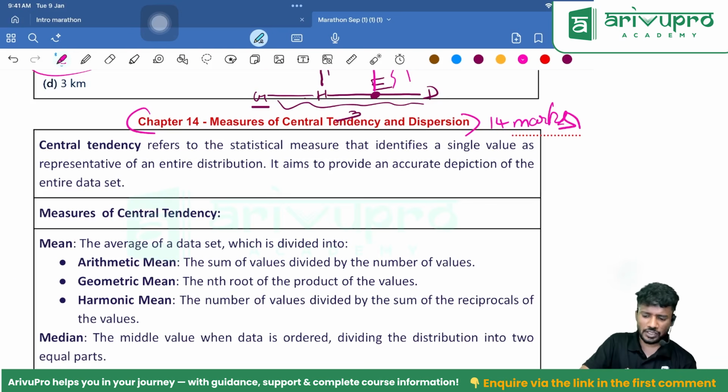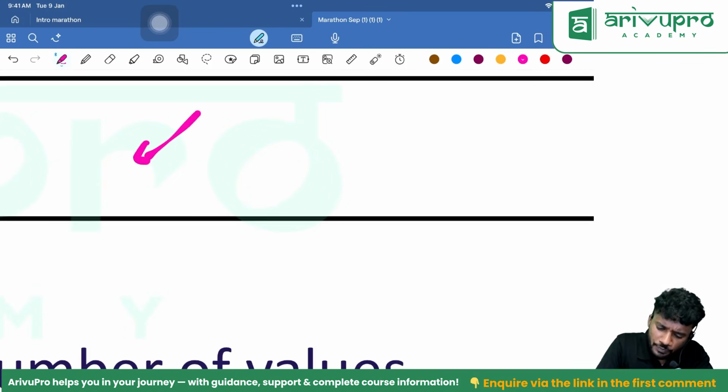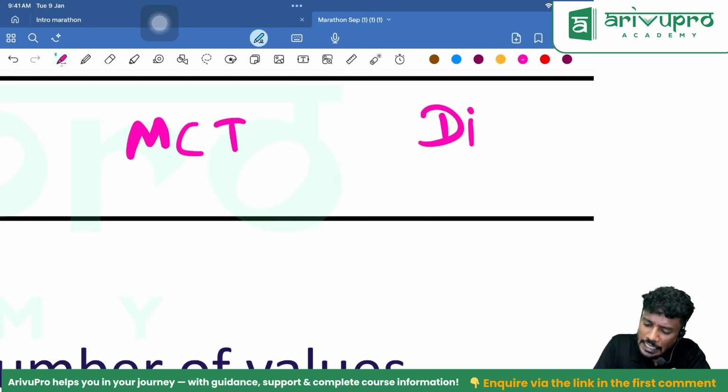I will just divide this chapter for you. The chapter is divided into measure of central tendency, MCT, and then dispersion.